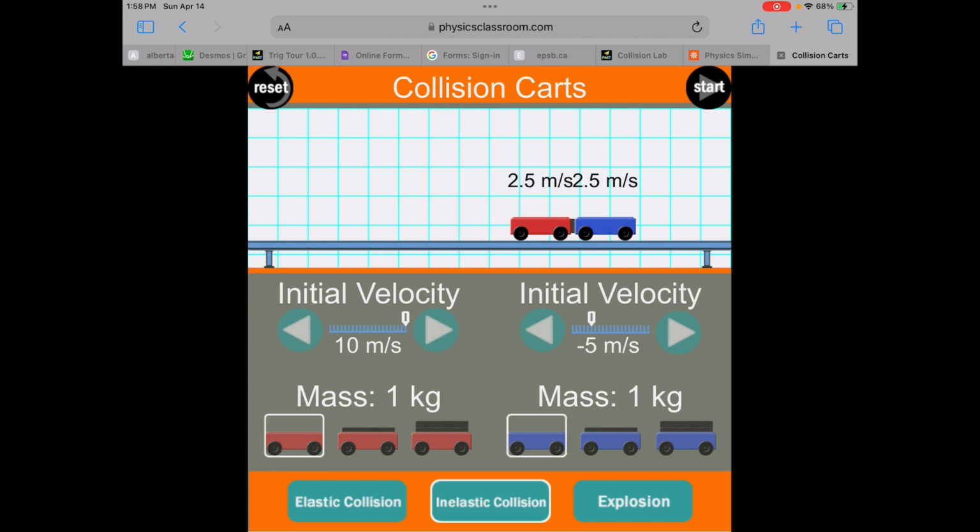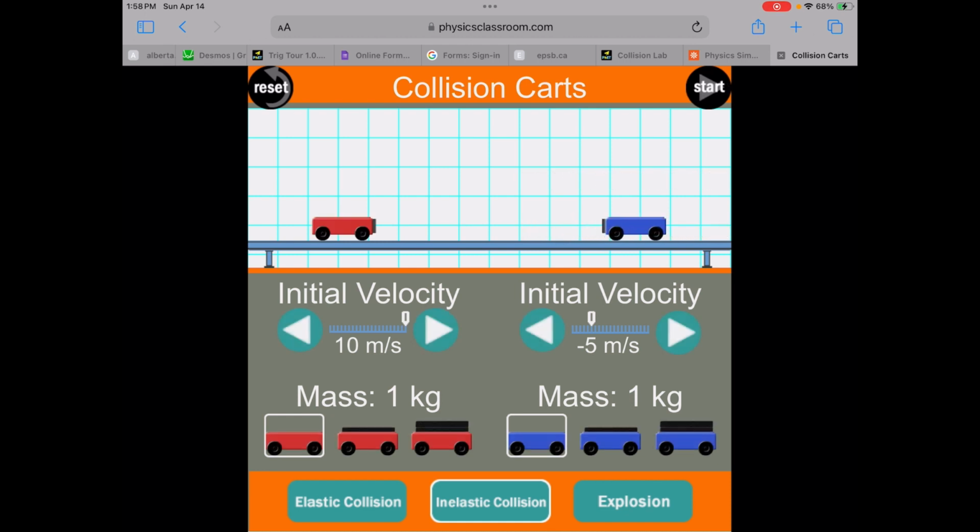The red and the blue cart together, they're each 1 kilogram. And that 2 kilograms of mass is moving at positive 2.5 meters per second. Positive 2.5 times 2 kilograms of mass gives us positive 5 kilogram meters per second of momentum. So initially, there was 5 kilogram meters per second of momentum to the right. Finally, there is 5 kilogram meters per second of momentum to the right, right? Total initial equals total final.